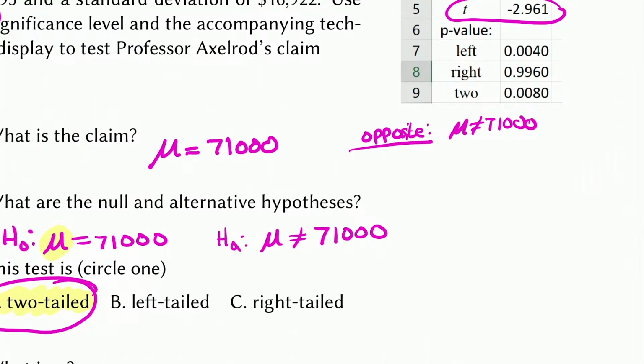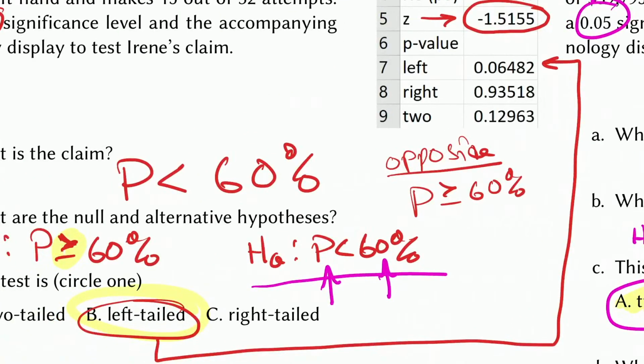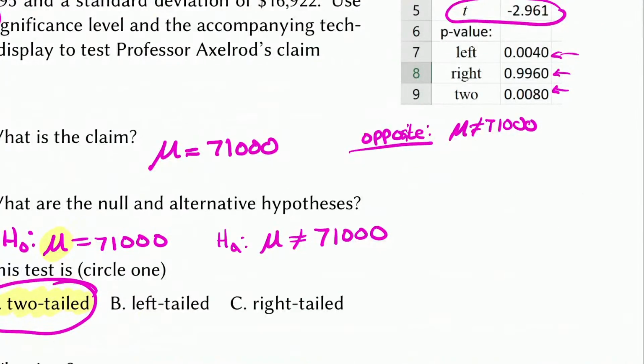This p-value, left-tailed and right-tailed business: you'll notice that the two-tailed is always exactly twice one of them. That's always going to be the case. You can see over here as well, the two-tailed is exactly twice the left-tailed in this case. It's always exactly twice the smaller of the two.